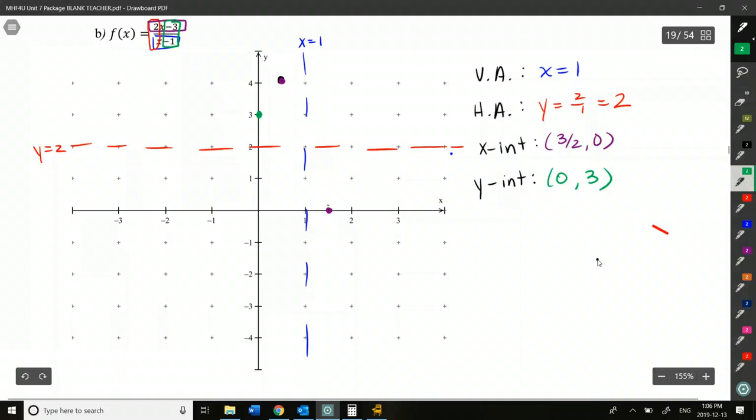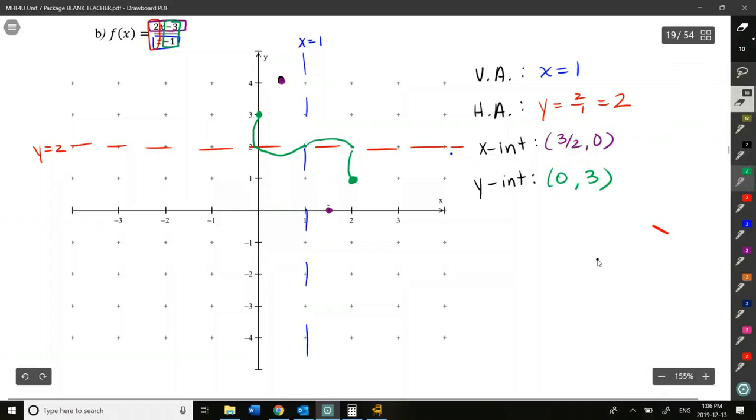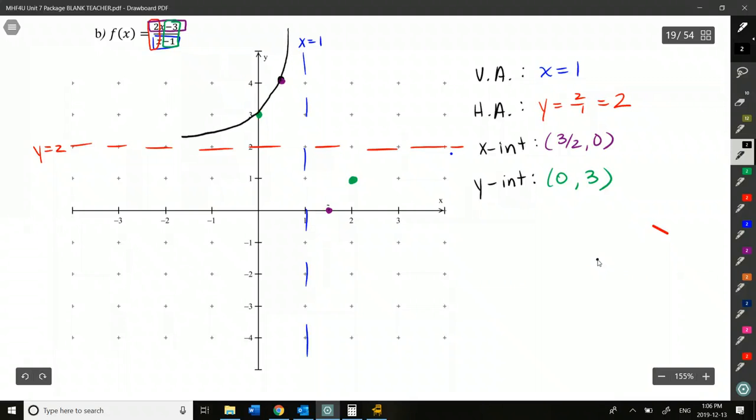Okay, and then for the green point, let's count. We're going to go down 1 and right 1. So for this one, we'll go right 1 and down 1. And now we have a new point at 2, 1. Okay, so now we have 2 points on either side. We can make our curve.